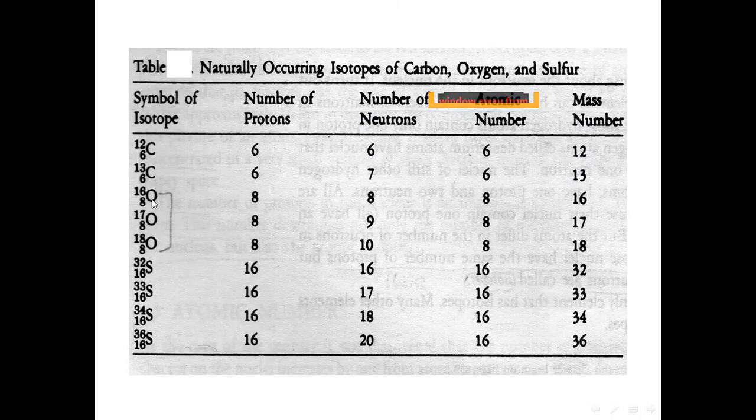See oxygen atoms: the number of protons is 8, the number of neutrons is 8, 9, or 10. The atomic number is 8, but the mass number is 16, 17, or 18.